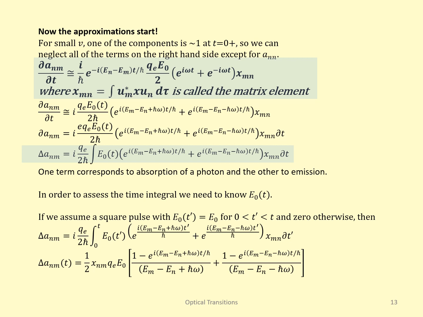Plugging that back in and manipulating a bit, I find that for a pulse of length t, where the electric field is applied for a time from 0 to time t, the change in probability of a particle being in a particular state and ending up transitioning into another particular state, from the nth state to the mth state, is an integral over time, right, of what I worked out up here.